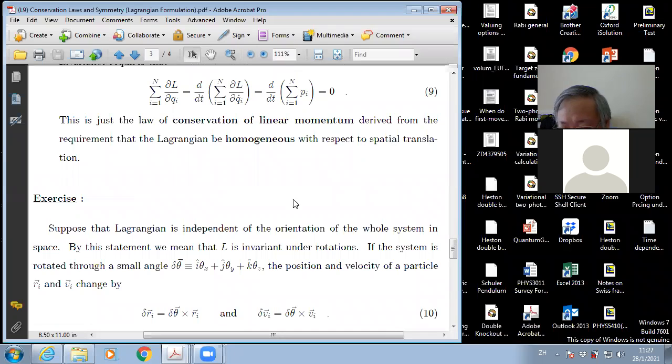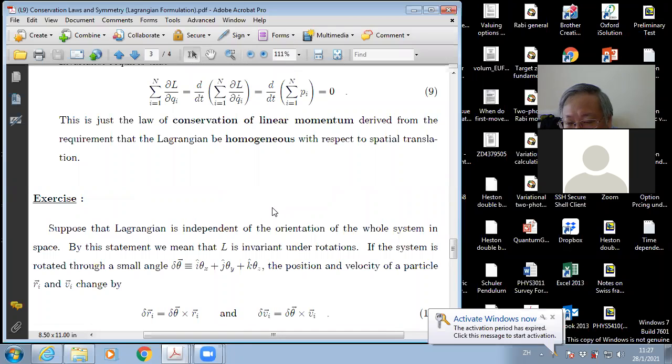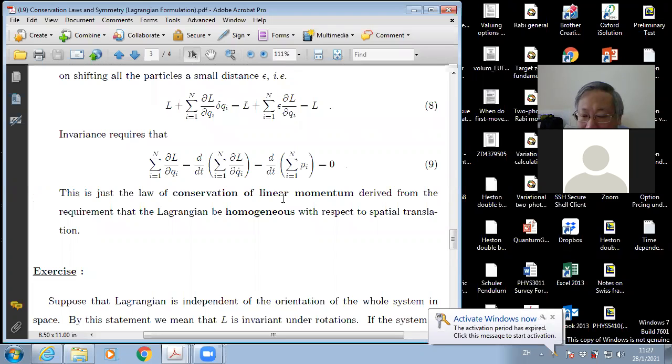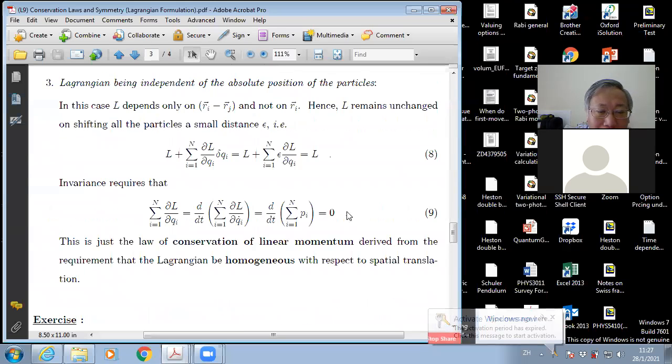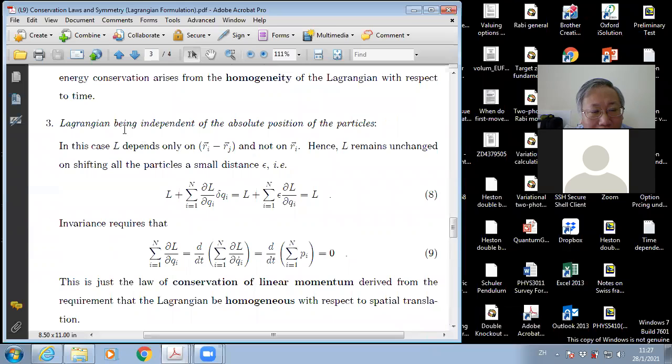Thus epsilon depends on i. Now here, we shift the coordinate system, all right? Shifting all the particles by a small distance.